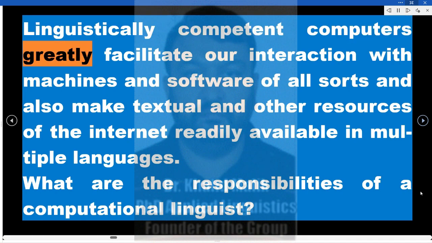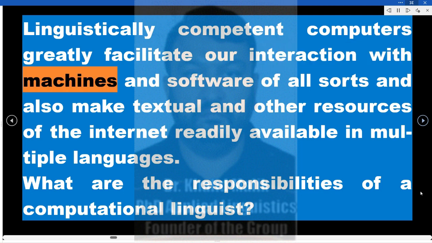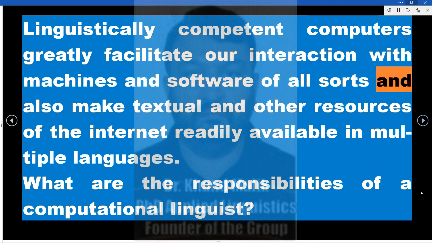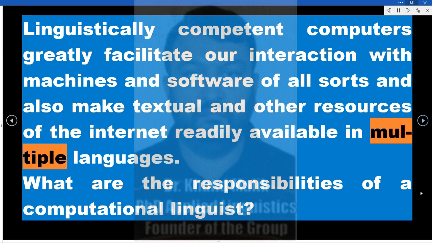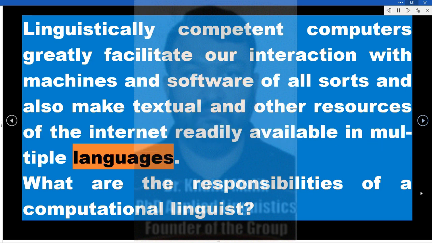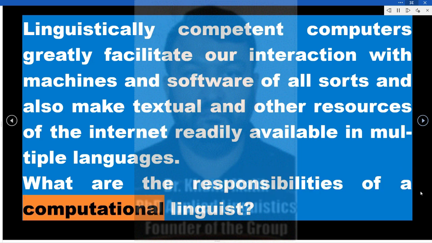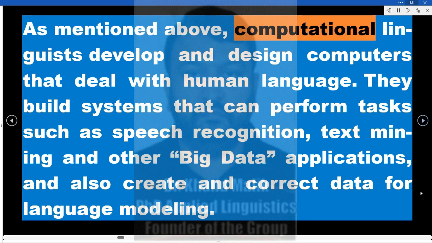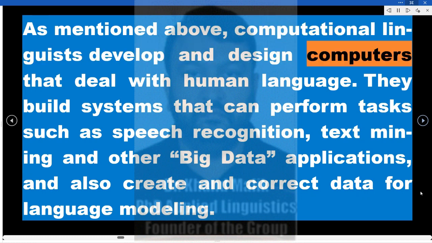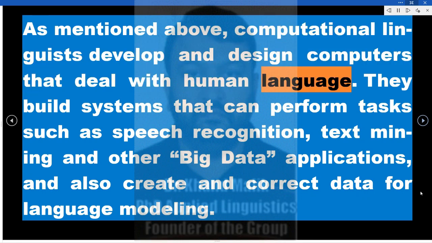Linguistically competent computers greatly facilitate our interaction with machines and software of all sorts, and also make textual and other resources of the Internet readily available in multiple languages. What are the responsibilities of a computational linguist? As mentioned above, computational linguists develop and design computers that deal with human language.